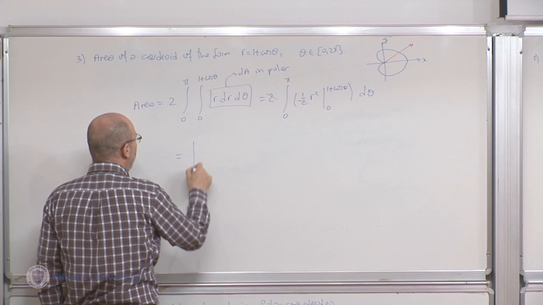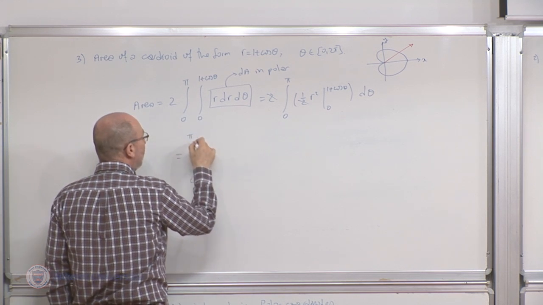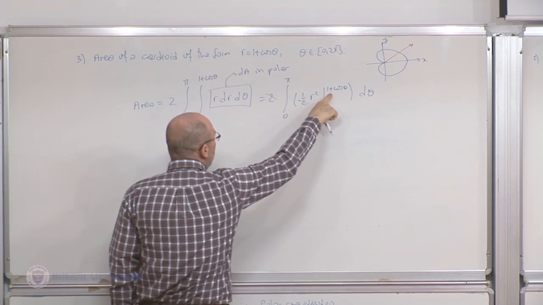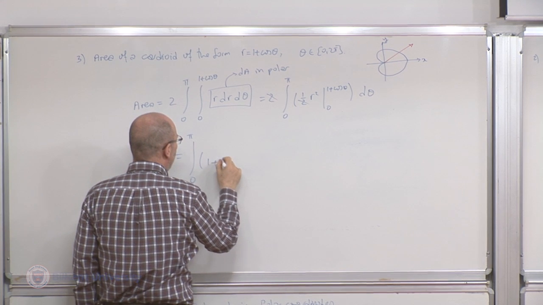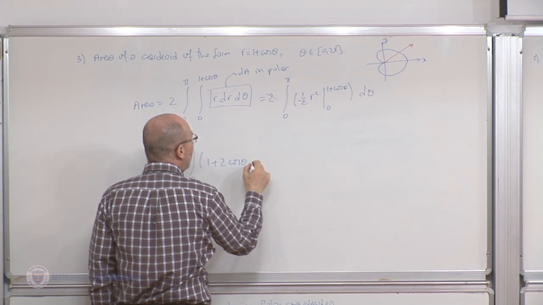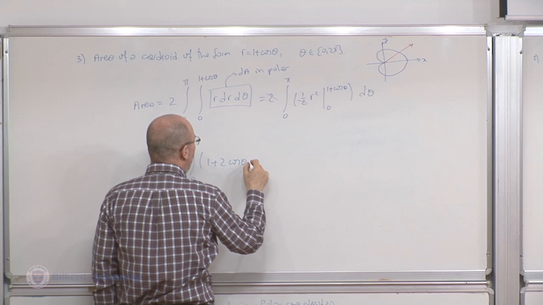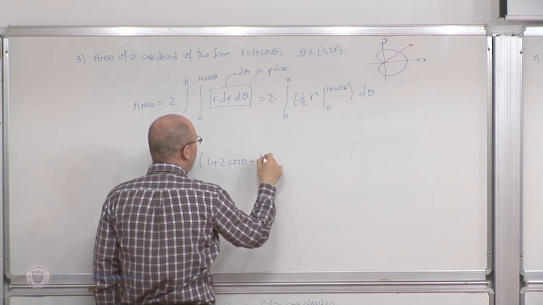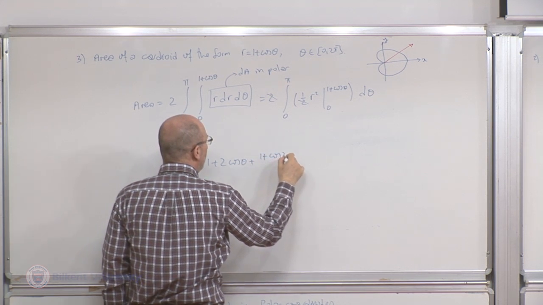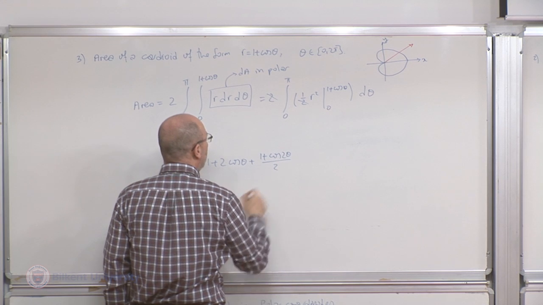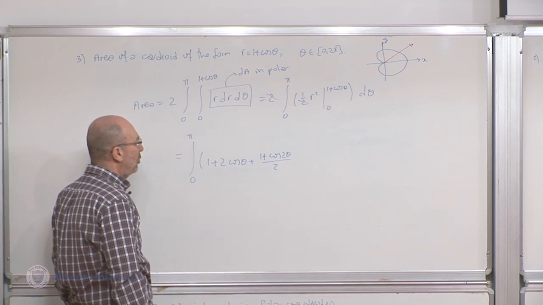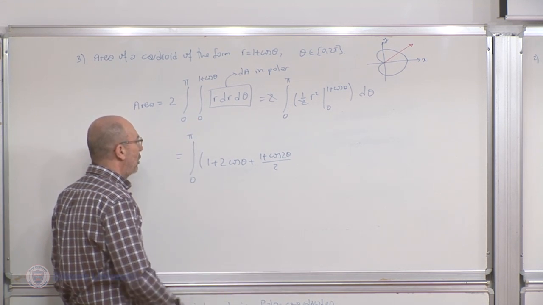Now what do we have? Integral from 0 to pi of the square of this: 1 plus 2 cosine theta plus cosine squared theta. For cosine squared, we generally write 1 plus cosine 2 theta over 2. That's cosine squared minus sine squared. Okay.